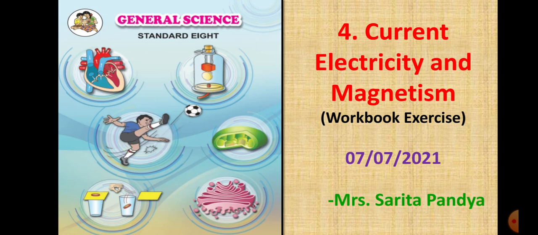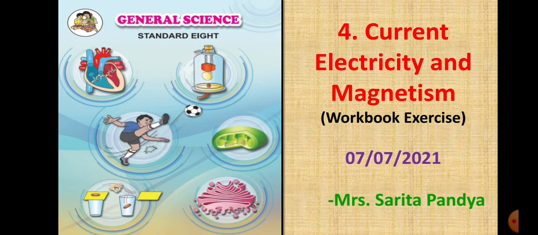Dear students, we had finished with the workbook exercise of lesson number 1 and lesson number 2. Third lesson is omitted for the first term, so the lesson force and pressure is not included in your 8th standard syllabus.